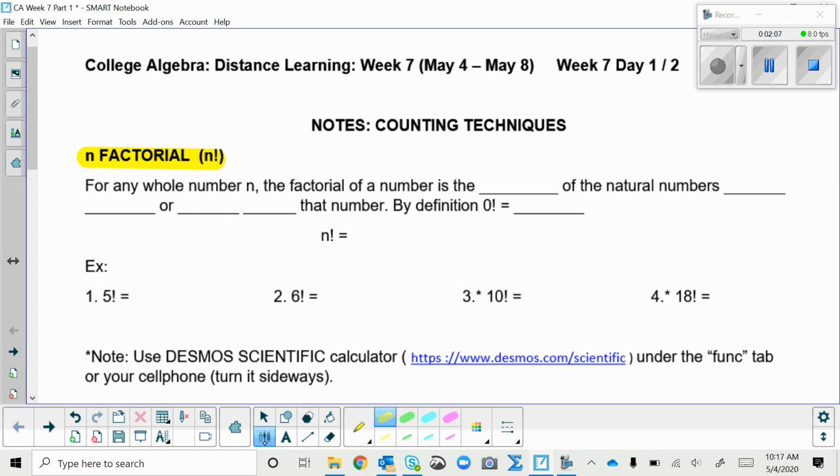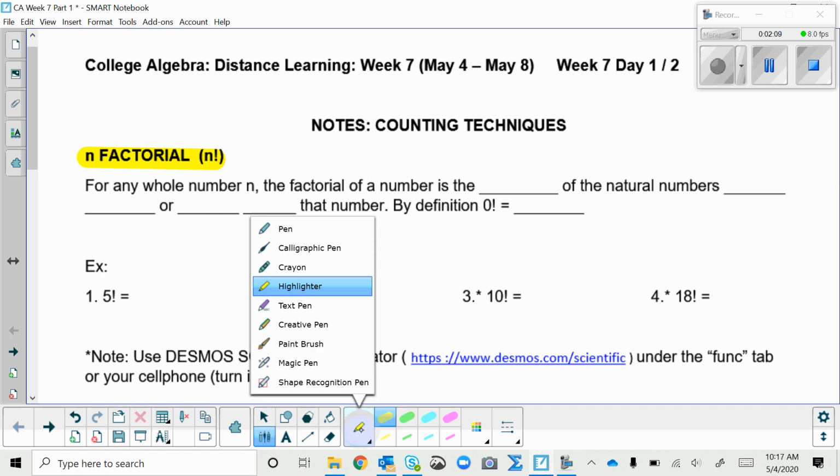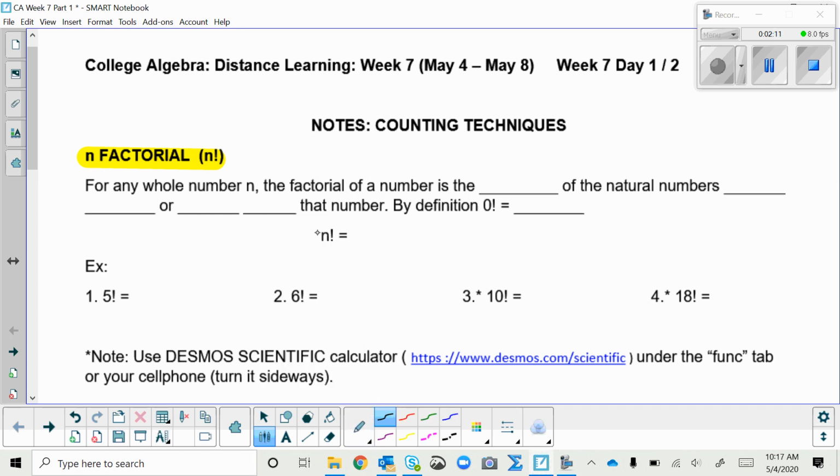So this word factorial means you take a number, like 5, for example, right here. Now you see how it has 5 and exclamation mark? That does not mean, like, yay, 5! It means 5 factorial. When you get to the exclamation mark, you say the word factorial.